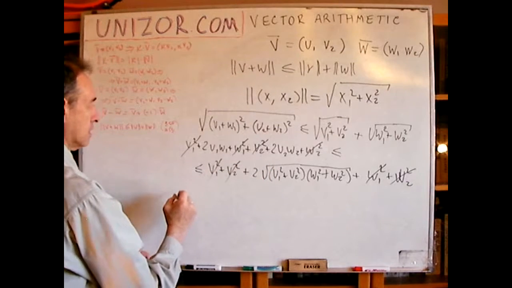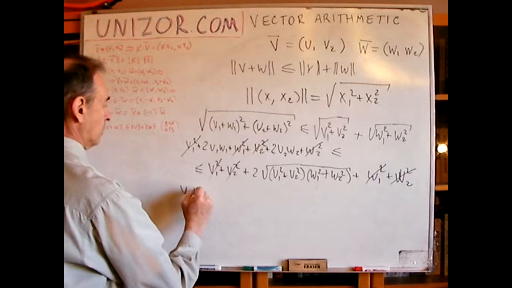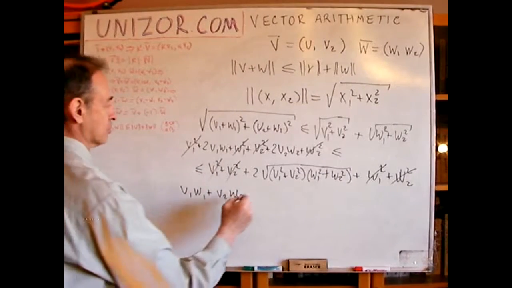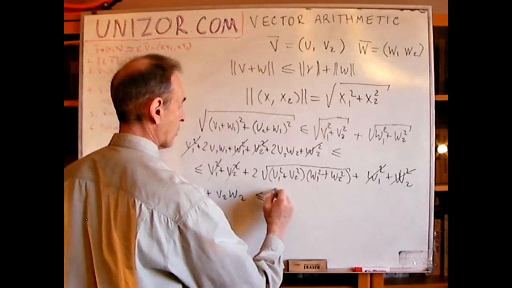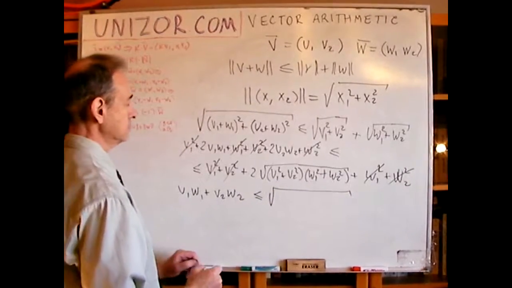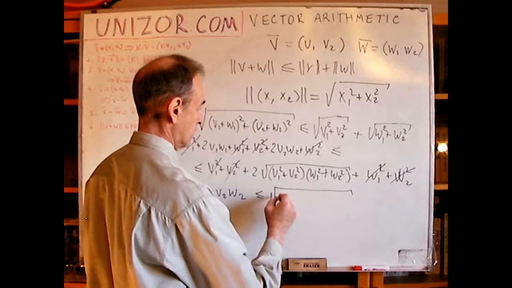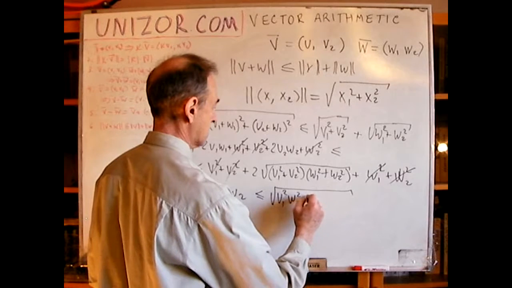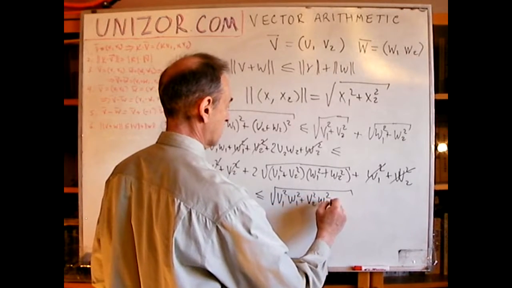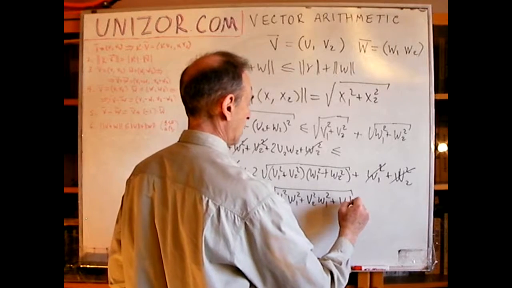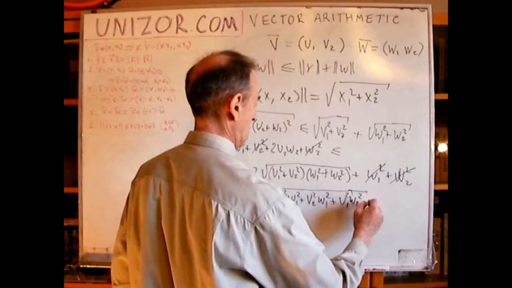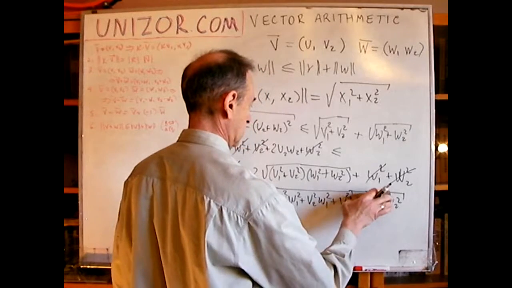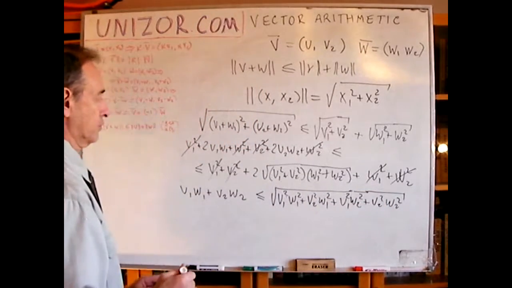So what's remaining is v1w1 plus v2w2 on the left, which should be less than or equal to the square root of, well, let me multiply them: v1 squared w1 squared plus v2 squared w1 squared plus v1 squared w2 squared plus v2 squared w2 squared. That's what I have to prove.